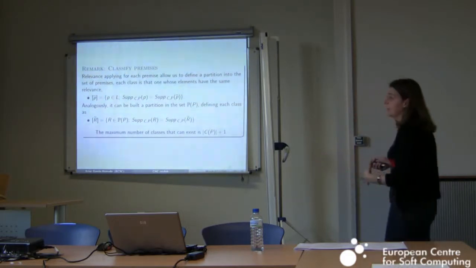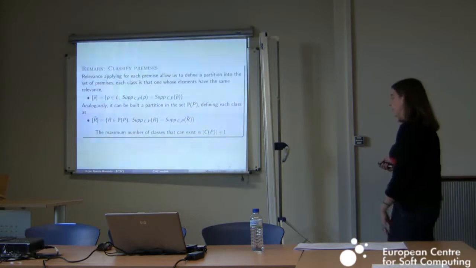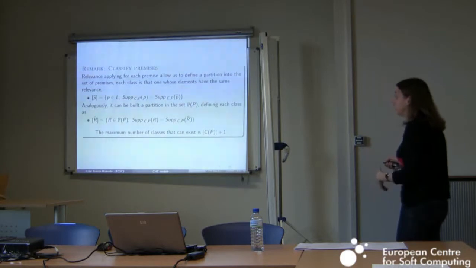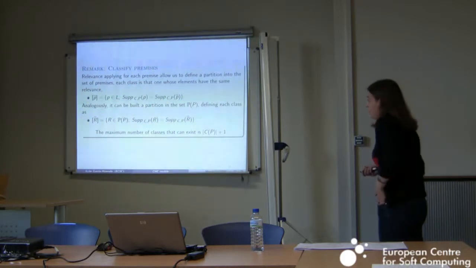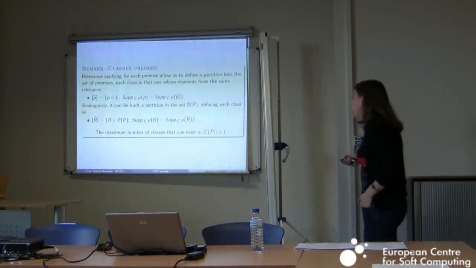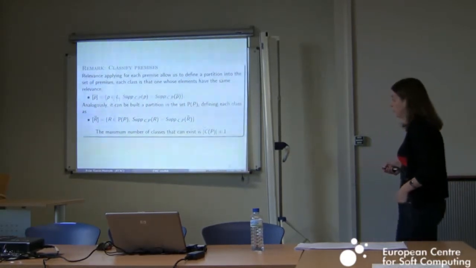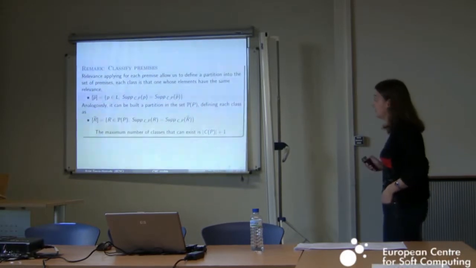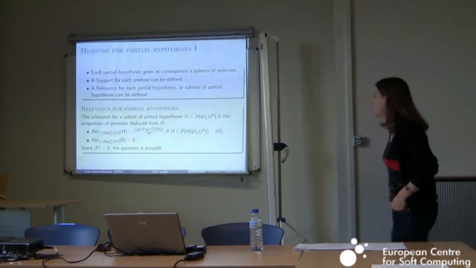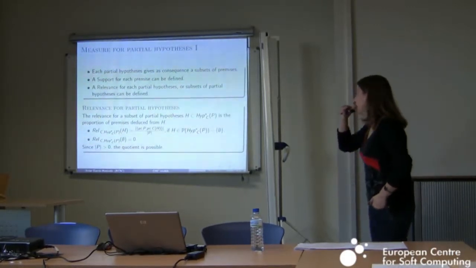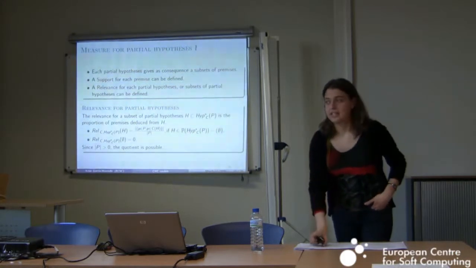Or even we can find a partition in the set of subset of P, the power set, because defining the class of a subset those subsets that has the same support, the same relevance. Same. Measure for partial hypothesis.